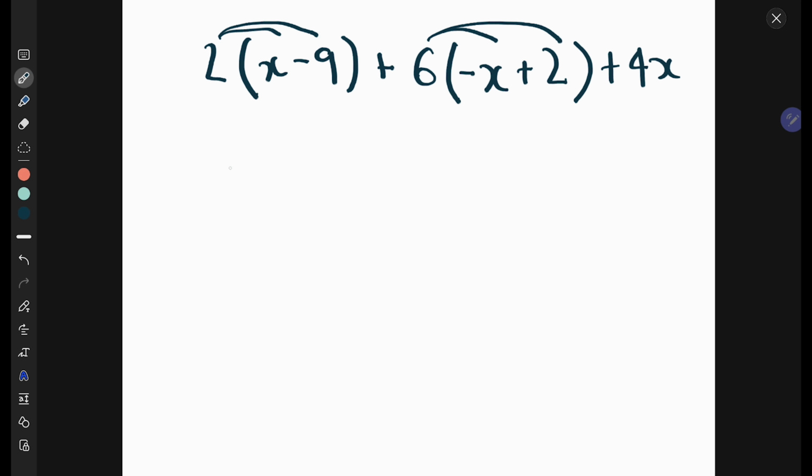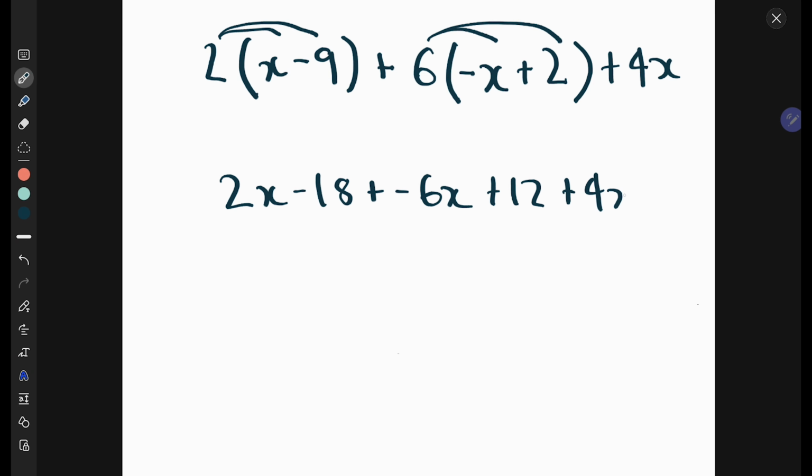So this becomes 2x minus 18, and then this becomes plus, oh, that's a negative sign, so it becomes minus 6x plus 12, and then plus 4x.